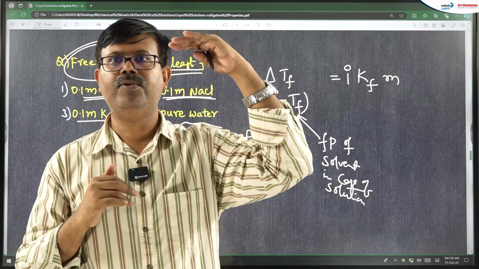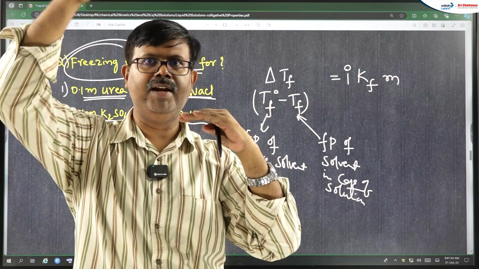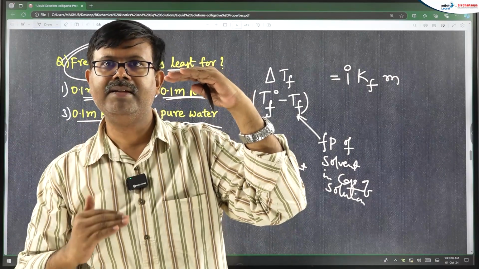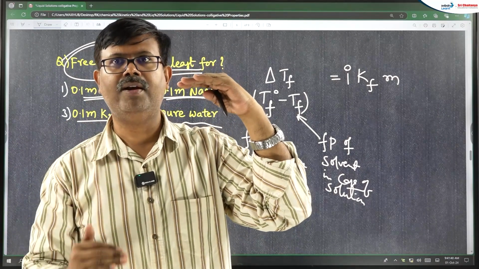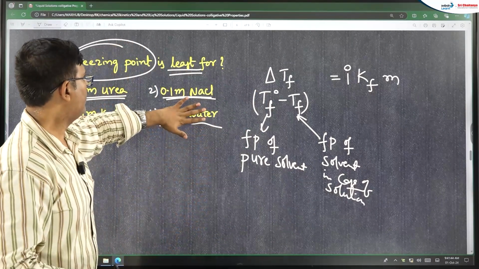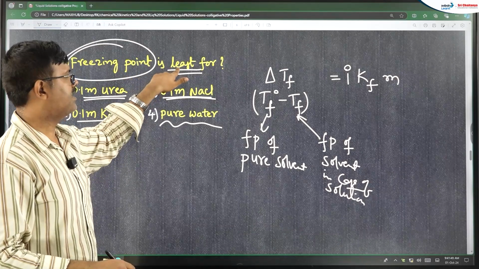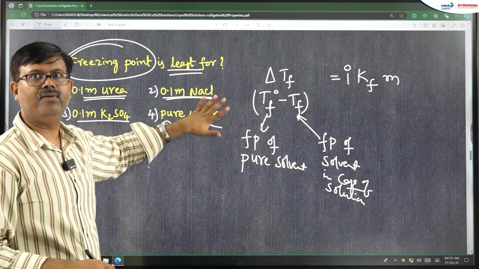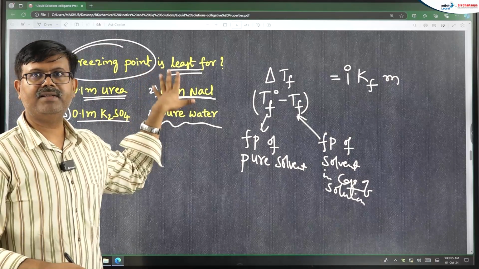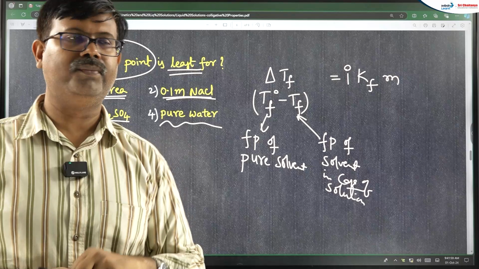So compared to pure water, boiling point of solution is elevated, whereas freezing point of solution will always be depressed, means lesser than the pure water. So pure water will be highest among the four options, but they are asking the least. So forget about the fourth option. Now we have to compare first, second, third and select the least freezing point one.